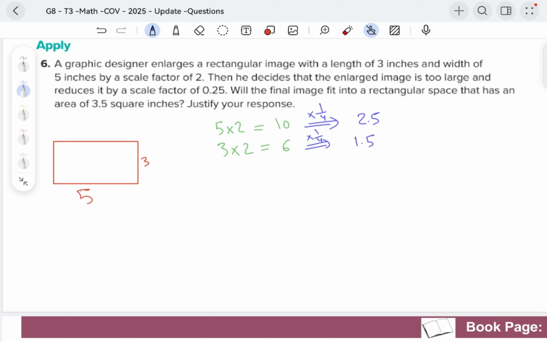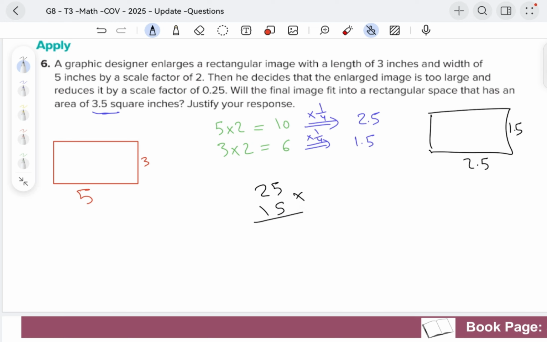Then the final image will fit into a rectangular space that has an area of 3.5 square inches. So we have to find the area of the final image. It's 2.5 by 1.5. To find the area of a rectangle, we have to multiply length times width. Let's multiply 25 times 15.